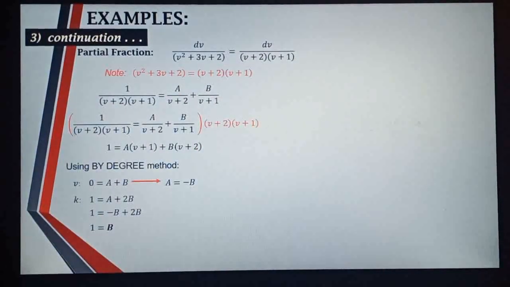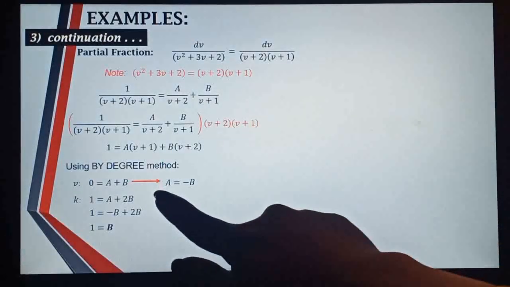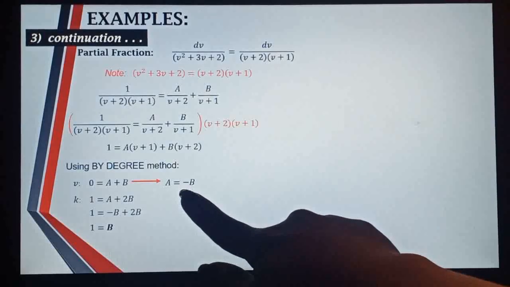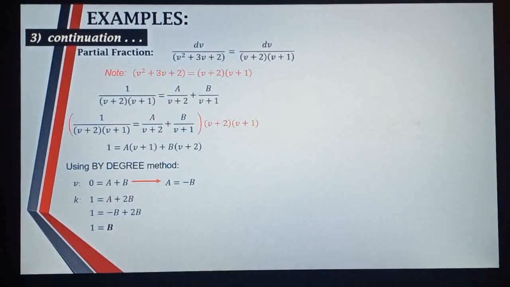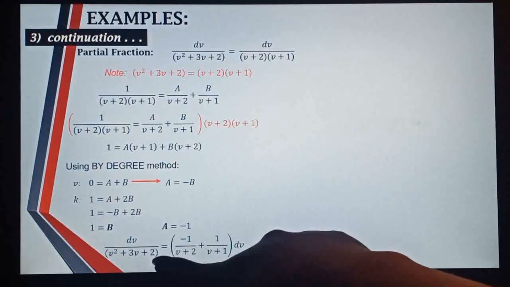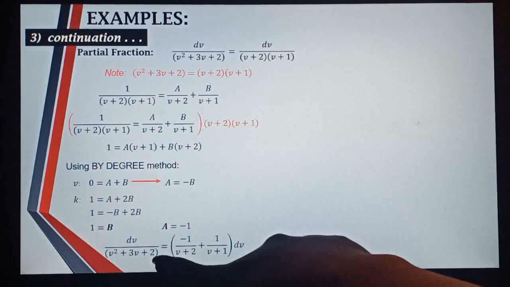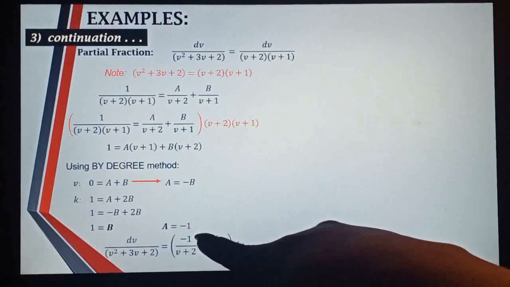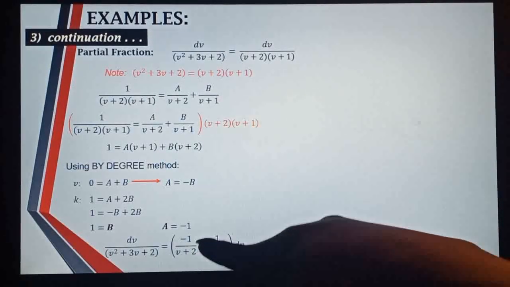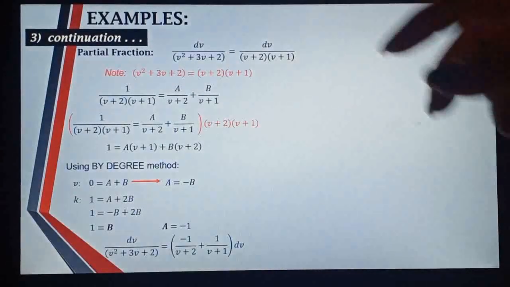Therefore, your b is simply 1. Now, if you will have your a as equal to negative b, if b is 1, therefore a is negative 1. So, ang magiging equation mo, instead of using dv over v squared plus 3v plus 2, you will now have negative 1 over v plus 2 plus 1 over v plus 1 multiplied to dv.